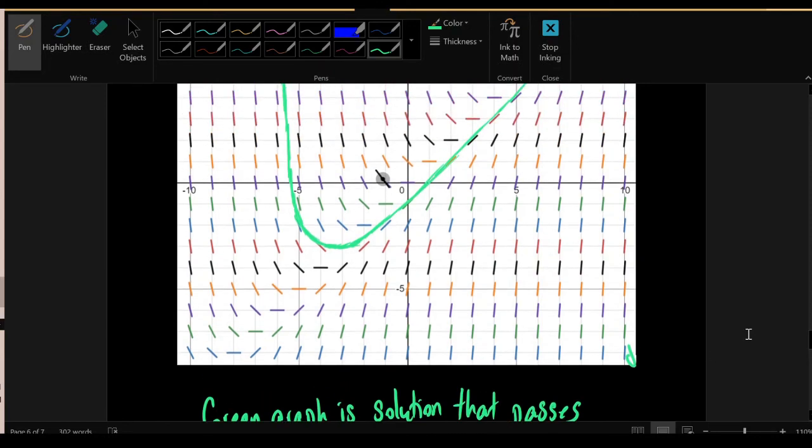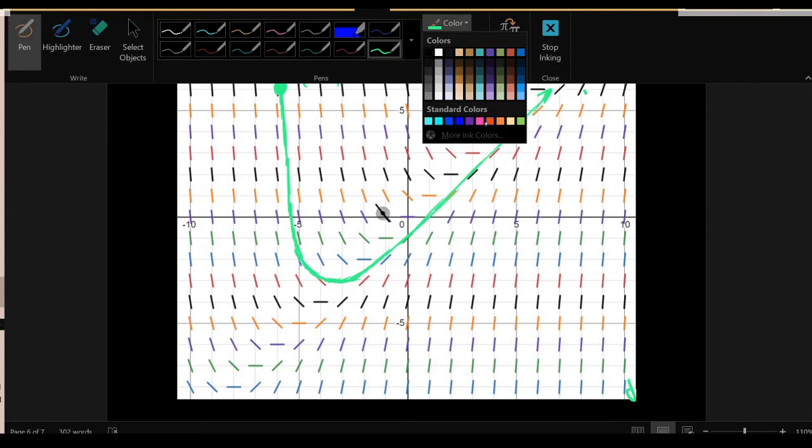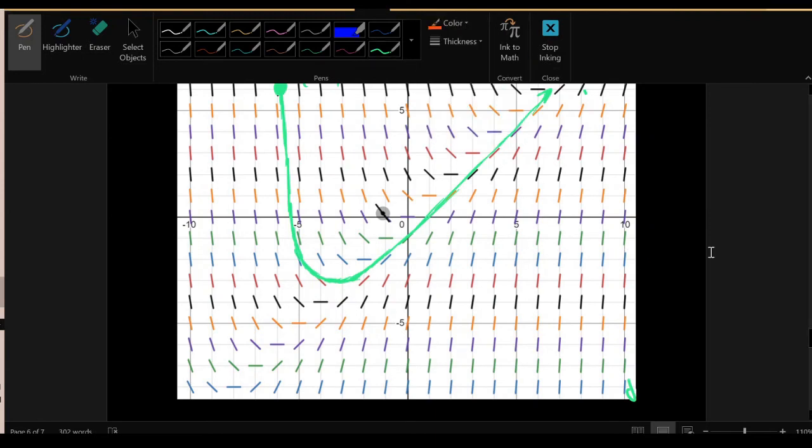Let's graph another solution curve passing through another point for some additional practice. So maybe I'll pick the location down here, just at random. Suppose that I want this location at 0 on the x-axis, -5 on the y-axis.